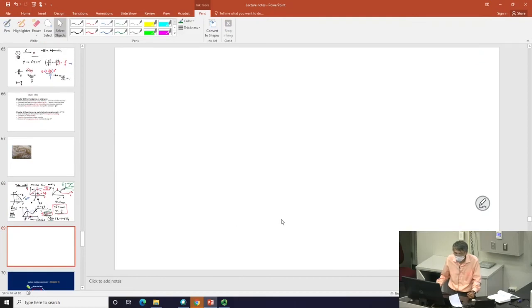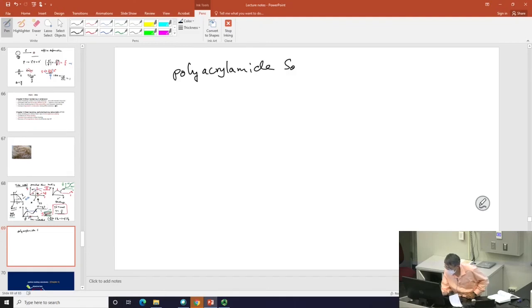So before I move on, I should just mention that there was some observation based on polyacrylamide solution. I indicated it in the book as well, just because we definitely don't want to mess up the priority here.